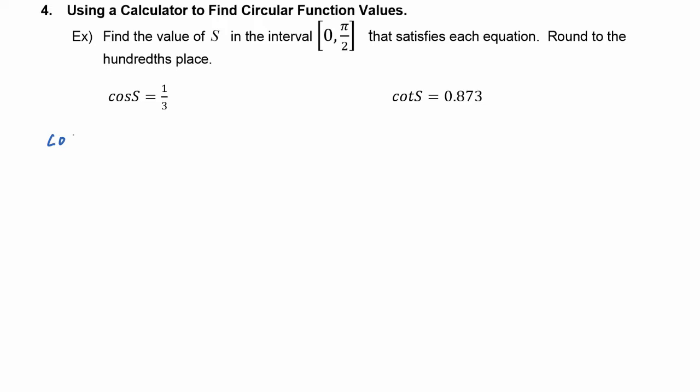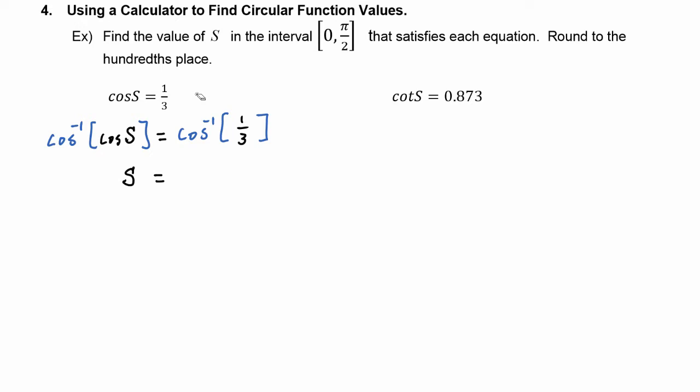So we'll take the cosine inverse of the left-hand side, which is cosine of s, and that has to equal taking the cosine inverse of the right-hand side, which is 1/3. Now the cosine inverse of the cosine of s becomes s, and on the right-hand side, we're going to have to go over to our calculators to get this value.